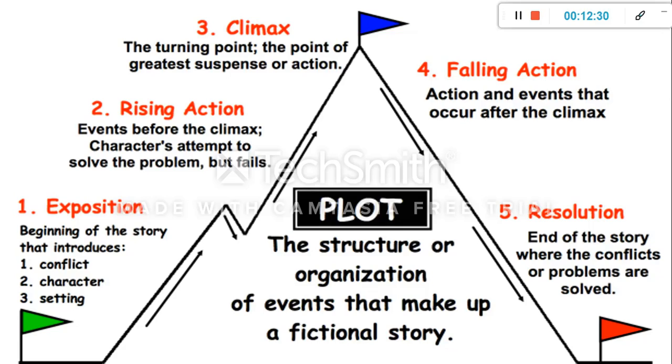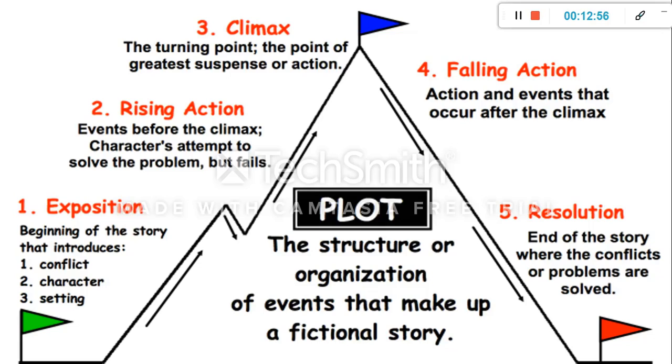Then we have the rising action. The rising action is usually before the climax, and this is where the characters try to solve the problem, but they fail to solve it. So the problem or the conflict gets more complicated in the rising action.